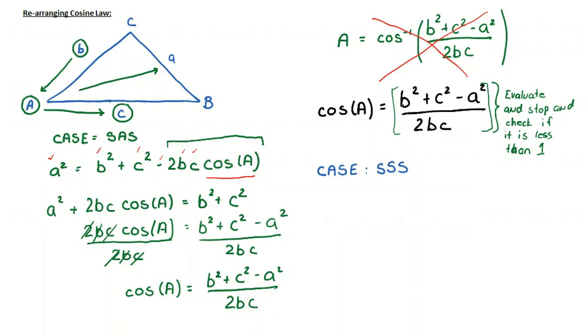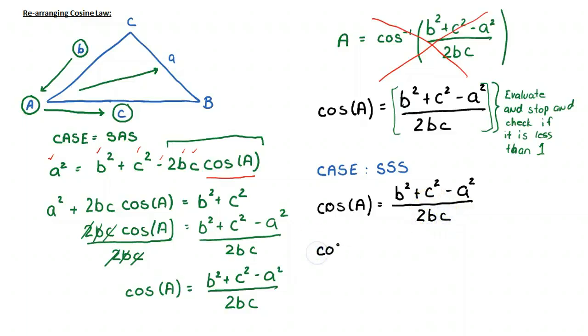So the next step is remembering it, and what people often do, or at least one way I do this, is I always start by writing down, well, what angle do I want? I want A. So I remember it's the other 2 lengths, the sum of the squares, minus the length that matches the angle I'm searching for, divided by 2 times the other 2 lengths.